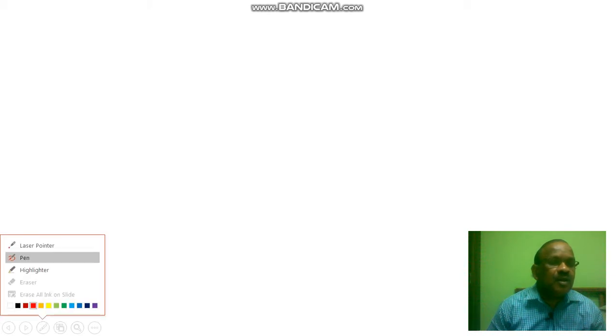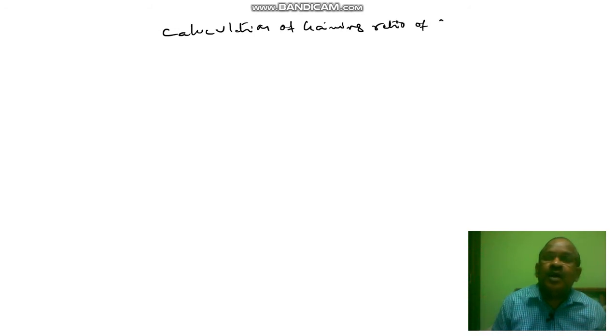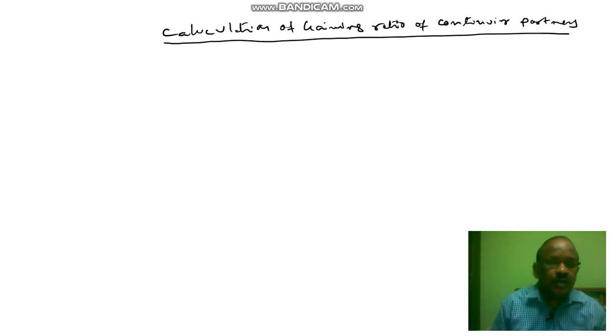So students, now we are going to prepare the calculation of gaining ratio. Here the calculation of gaining ratio of the continuing partners. First of all, how to calculate the gaining ratio.